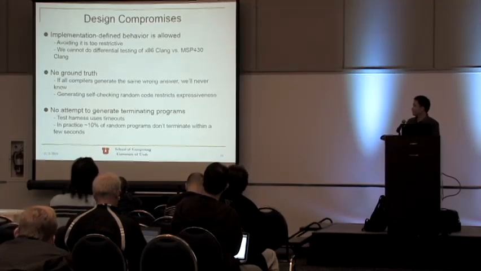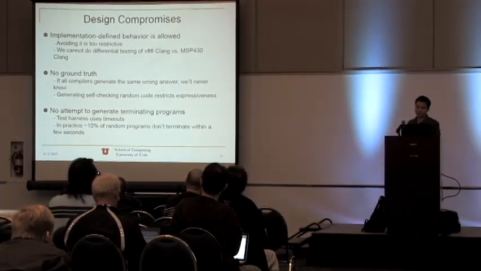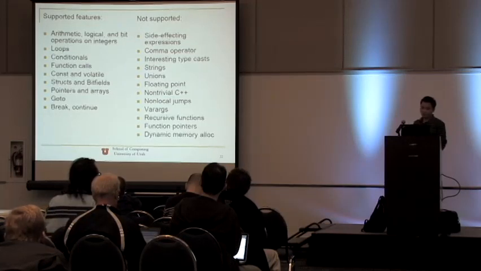So in that case, we just throw out the test case because it doesn't exit, so we cannot compare the results. So 10% is something we can accept. We didn't feel the urge to implement them because we already have enough bug finding power.